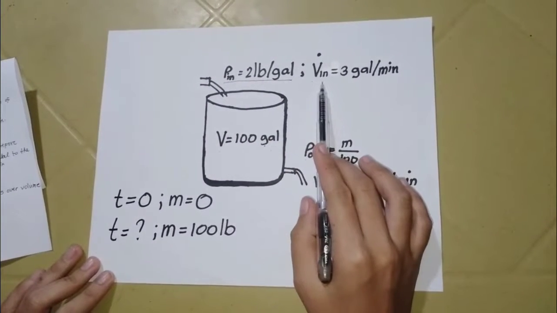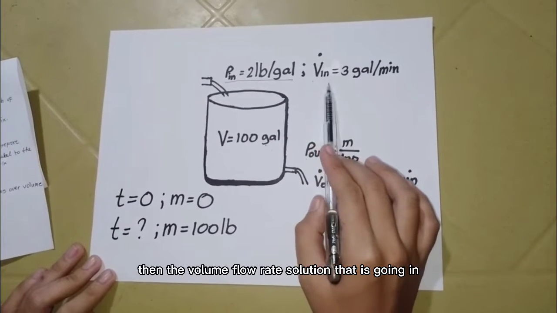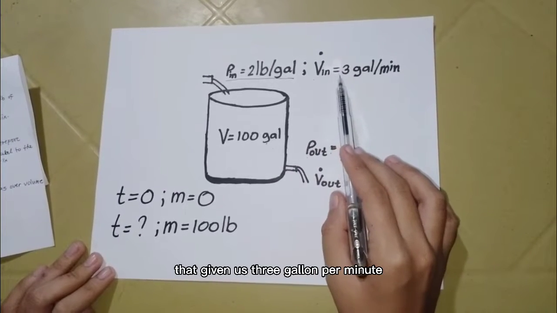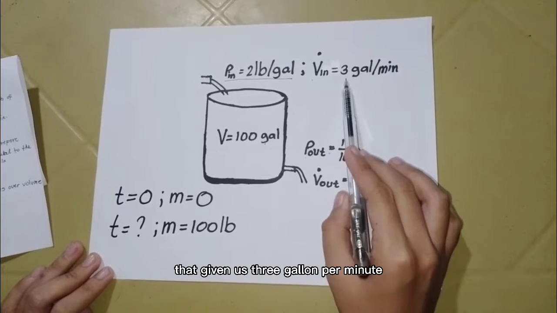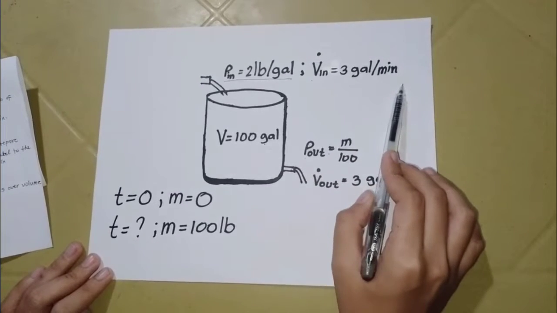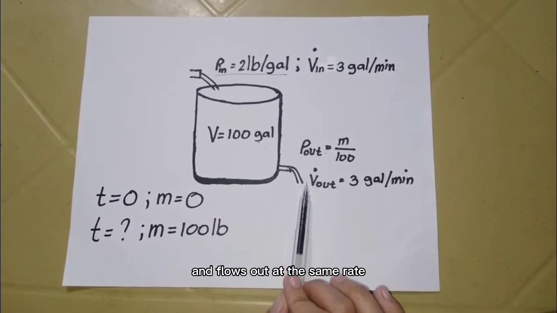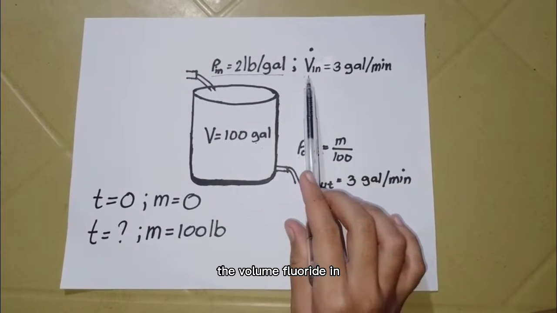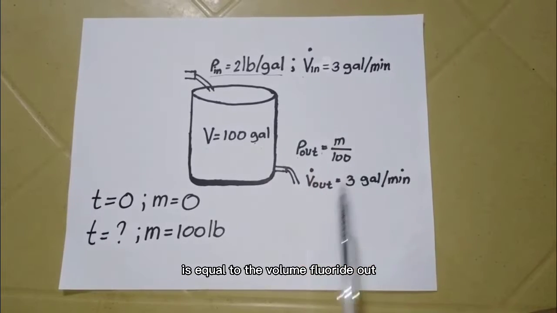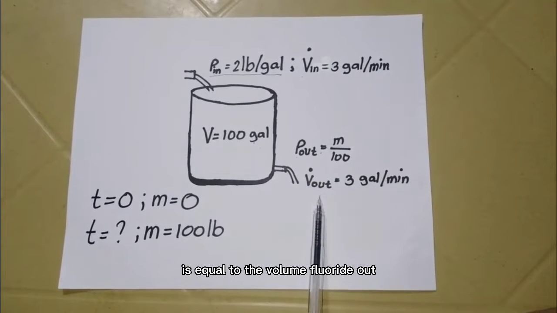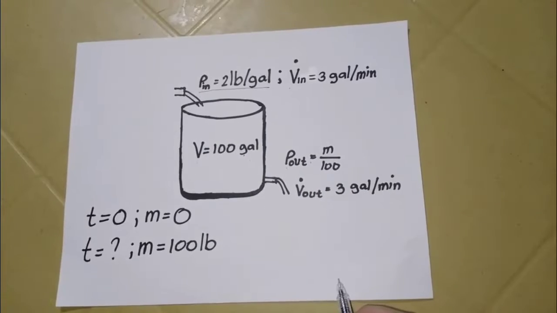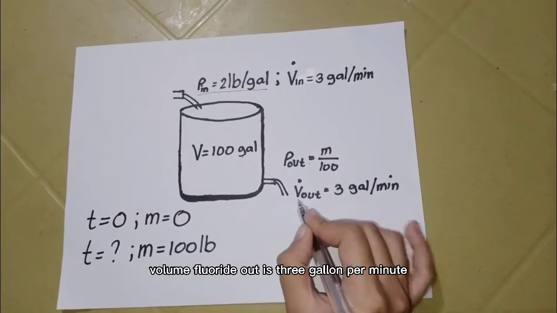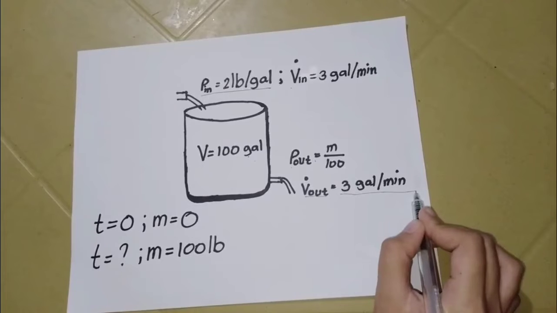Then the volume flow rate of solution going in is 3 gallons per minute, and it flows out at the same rate. Therefore the volume flow rate in is equal to the volume flow rate out, which is 3 gallons per minute.